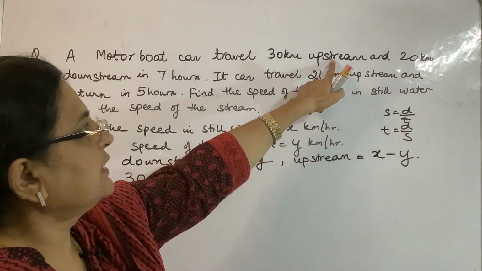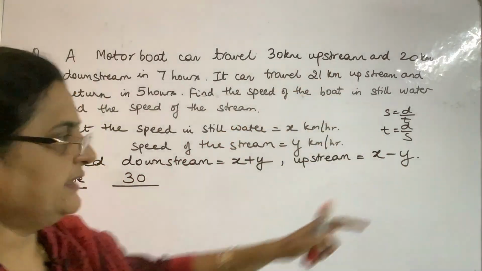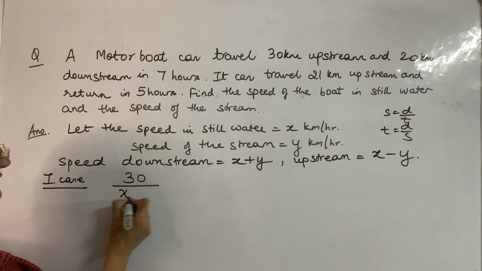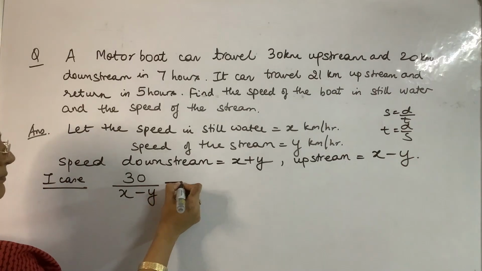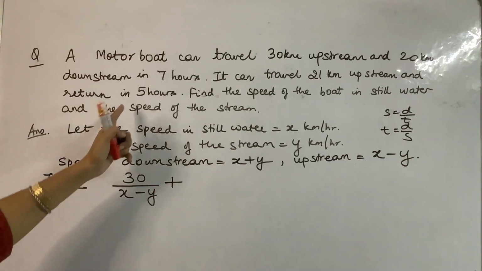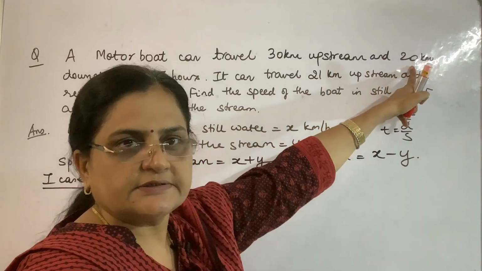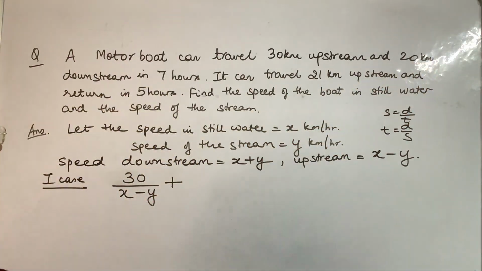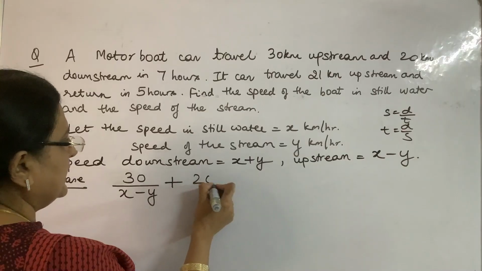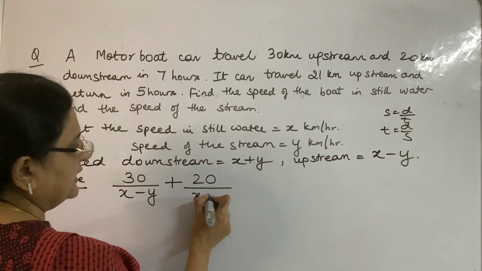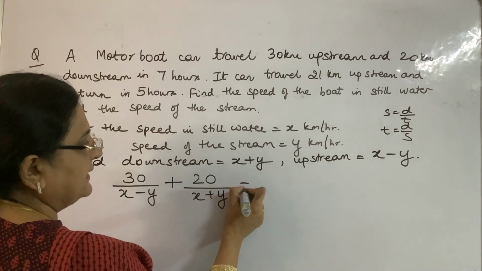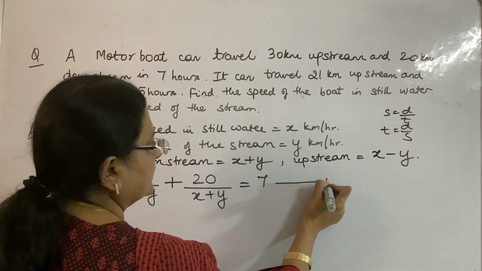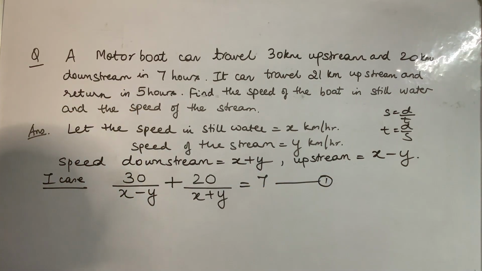We are talking about upstream, so the speed is x minus y. Plus, what about downstream? What is the distance? 20 km. And what is the speed? x plus y. And what is the total time taken? 7 hours. So we have got our first equation.